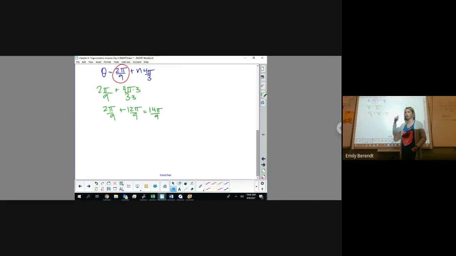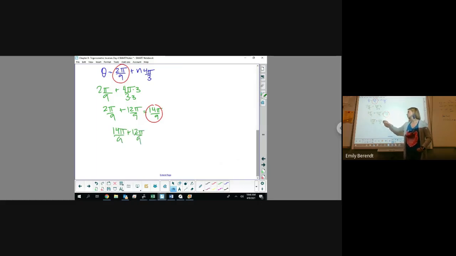We said earlier that 2 pi is 18 of them, so we're less, and we get to keep it. If you were to add 12 to 14, you would get 26. Can you use it? No. I'm going to write it down just for notes purposes, but you don't have to.